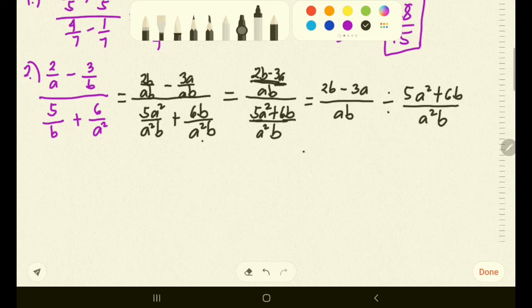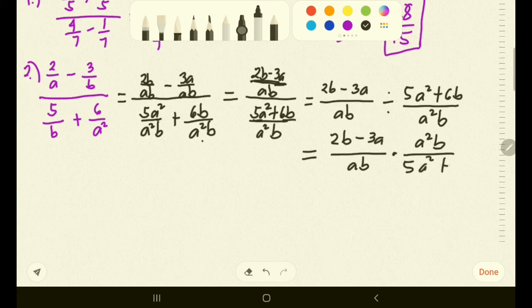And then you express it in multiplication form. That becomes 2b minus 3a over ab times a squared b over 5a squared plus 6b.